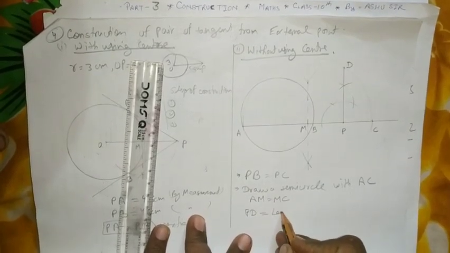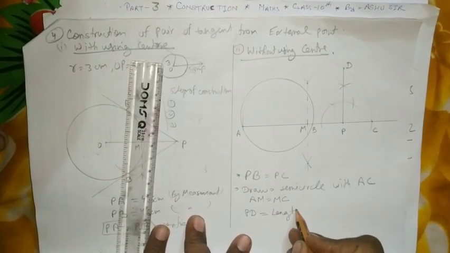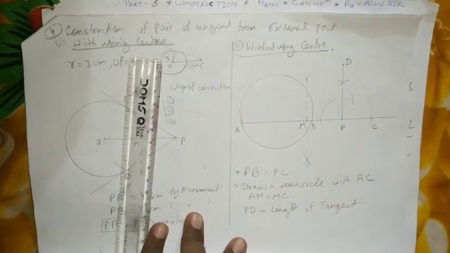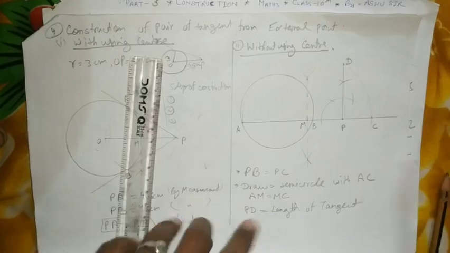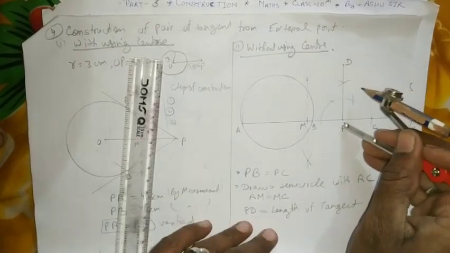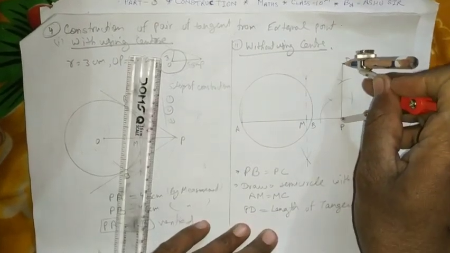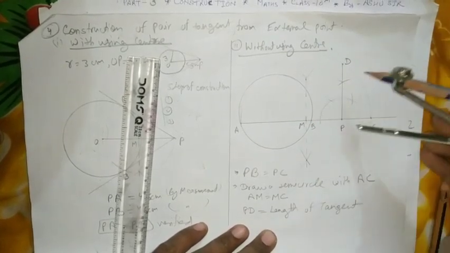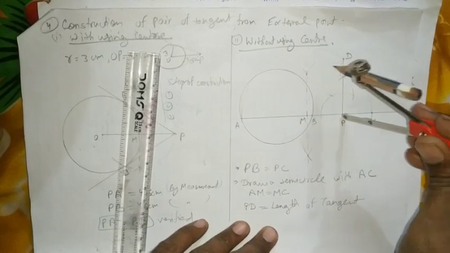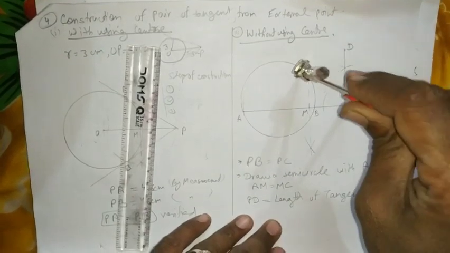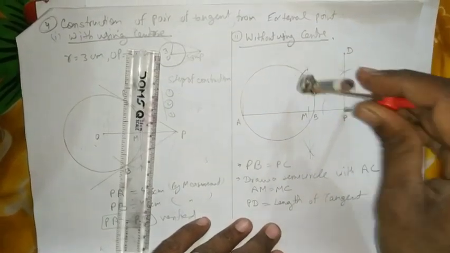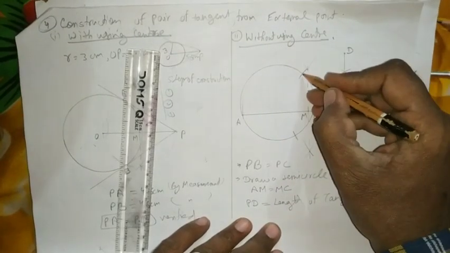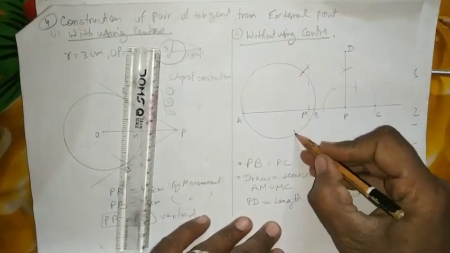This is the length of tangent, PD. So with the use of compass, measure PD. This is the length of tangent from external point P. So with using center P, mark 2 points, 1 point and 2 points. These 2 points are the tangent points.